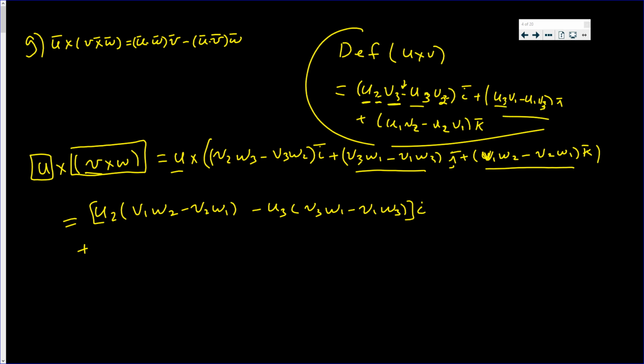It's the first vector third component times the second vector first component, which is V2W3 minus V3W2, minus first vector first component, that's U1, times the second vector third component, which is V1W2 minus V2W1.